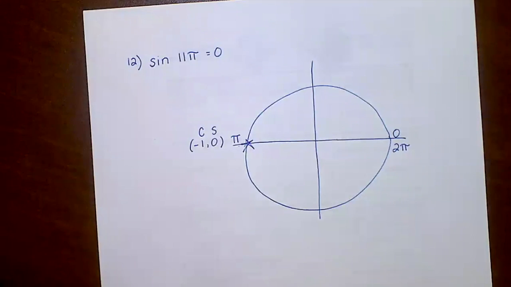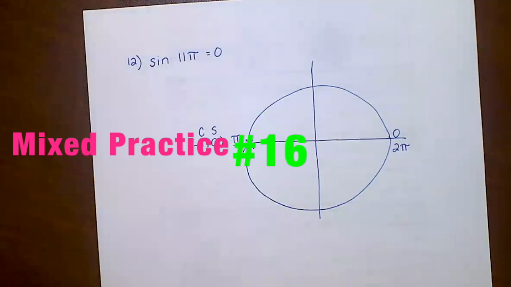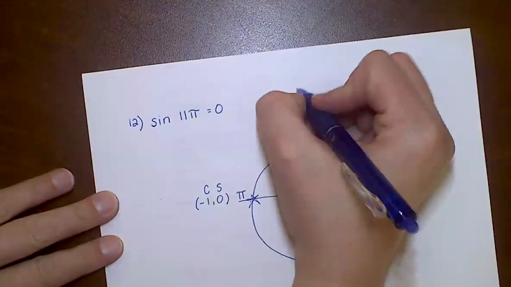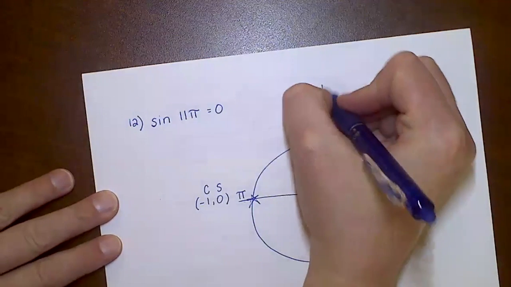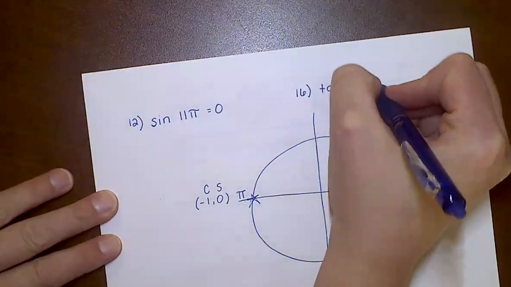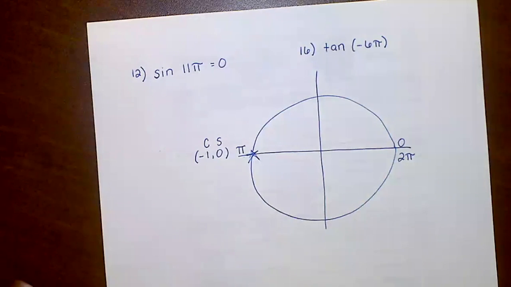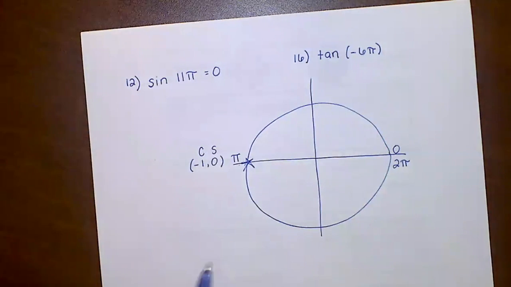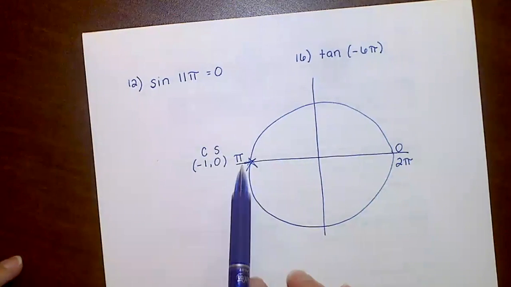Can you do 16? Yeah, 16 is weird. Let's talk 16. So 16 is tangent of negative 6 pi. Okay, so negative 6 pi, we're going to treat the same way, except we're going to go backwards around the circle, which again doesn't really matter when you're talking by pi's, right?